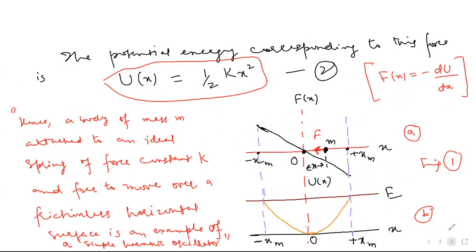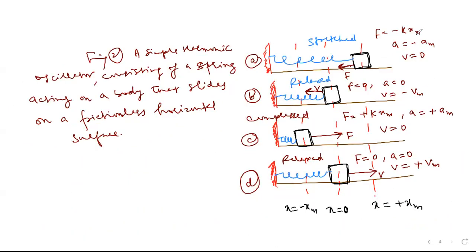So force is minus kxm. So it is maximum, but it is pointing towards negative x direction, right? Acceleration is similarly directed, because force and acceleration are similarly directed, and it is also maximum, but pointing in the negative x direction. Speed is 0.